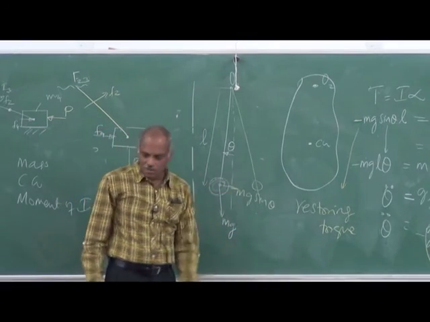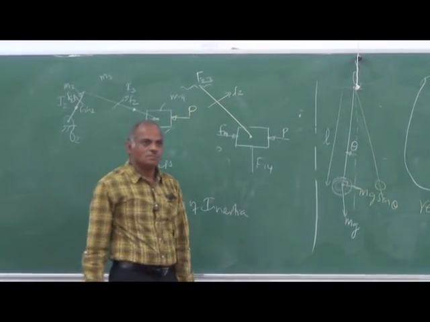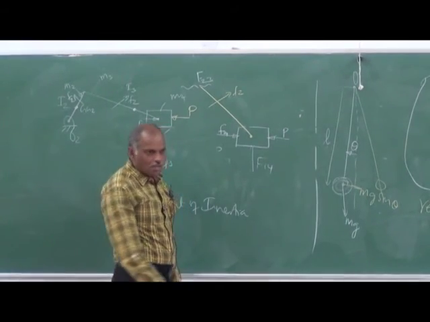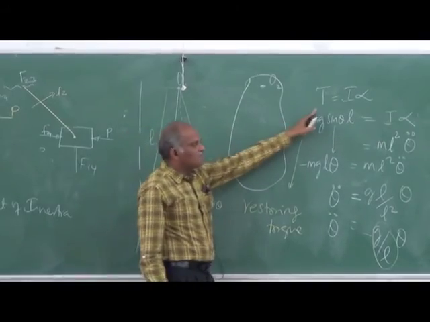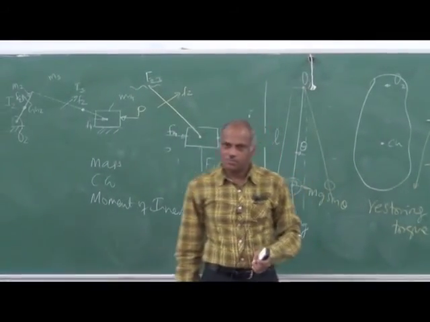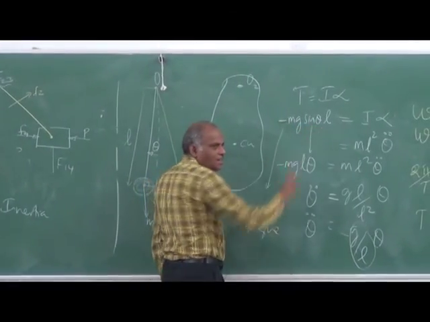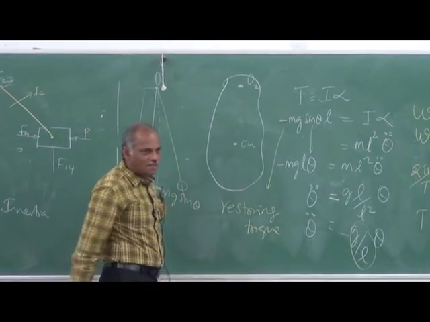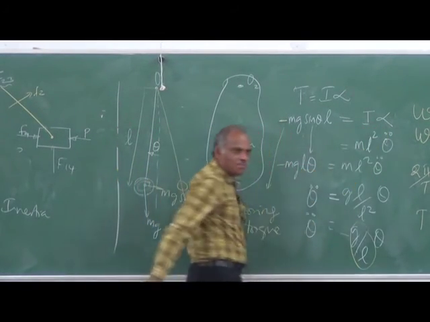For a compound pendulum, what will be the change? In a compound pendulum also, this fundamental thing, torque T is equal to I alpha, is applicable. There also it is mg sin theta times L that will be the torque which is acting, and it is equal to I into alpha.